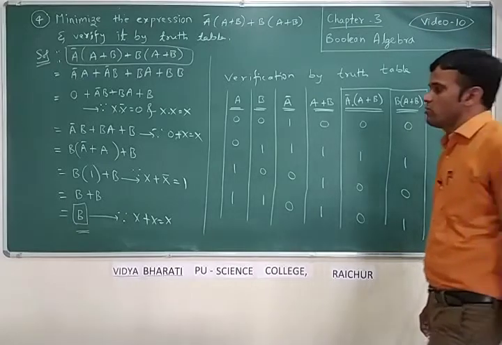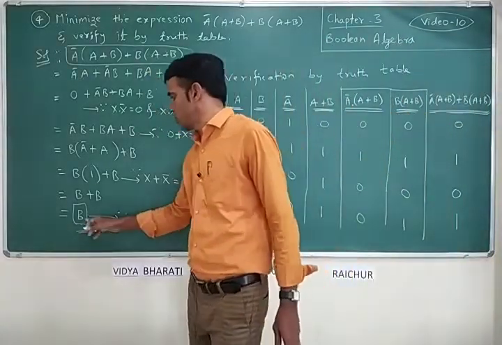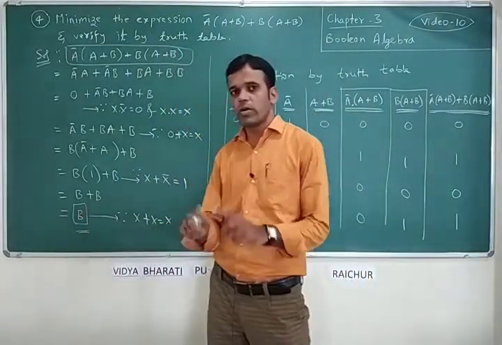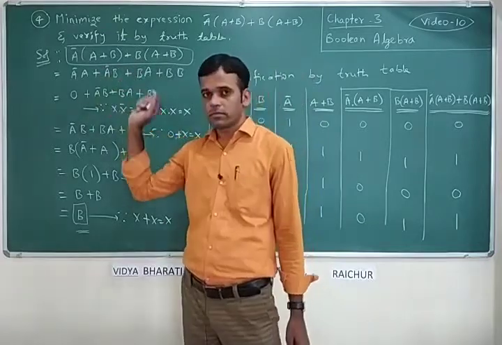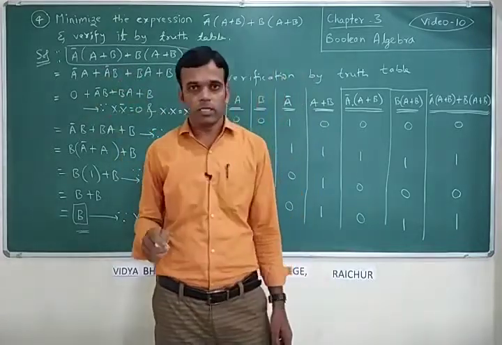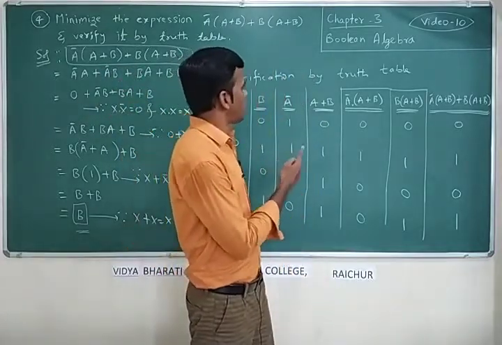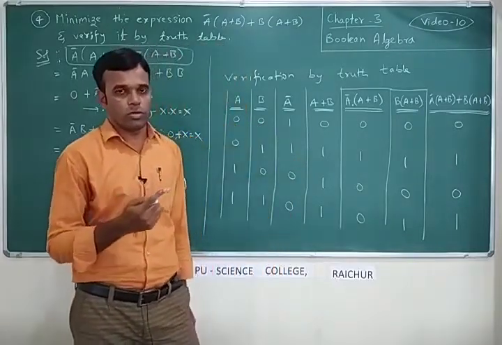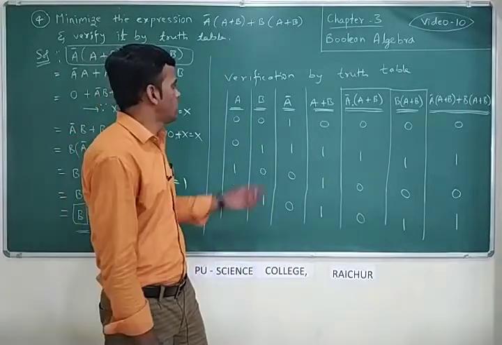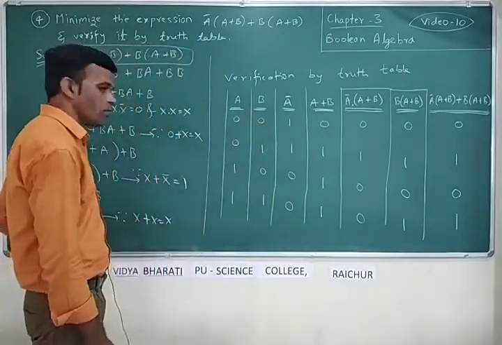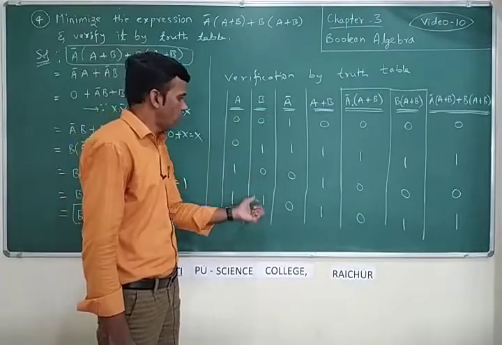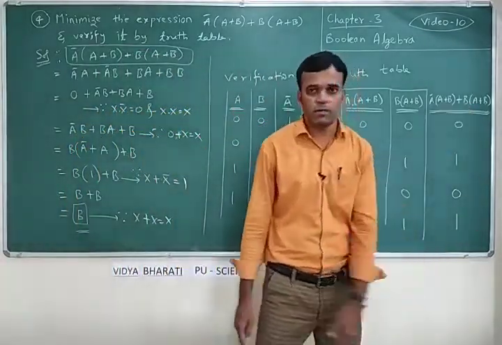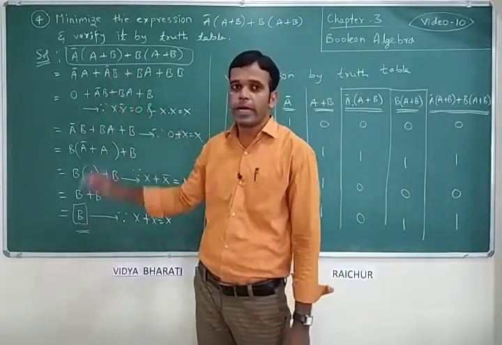So after simplifying this expression, we got just b. This one b value is equivalent to the given expression. So when you take this truth table for verifying, we have to get the same values of zeros and ones for b, that is the simplified one, and for this last column, which is for the given expression.